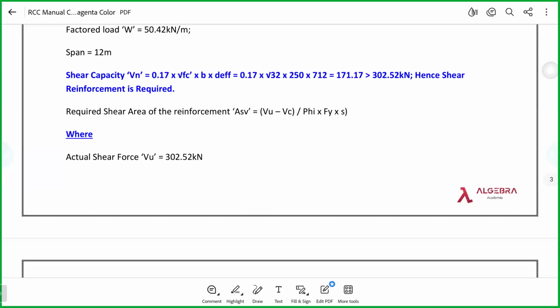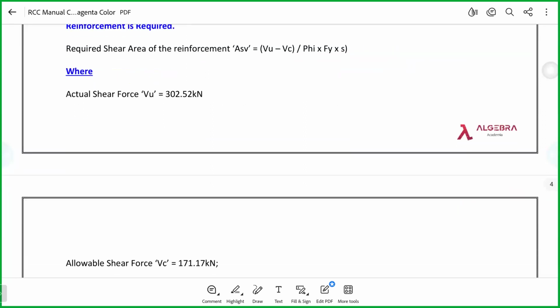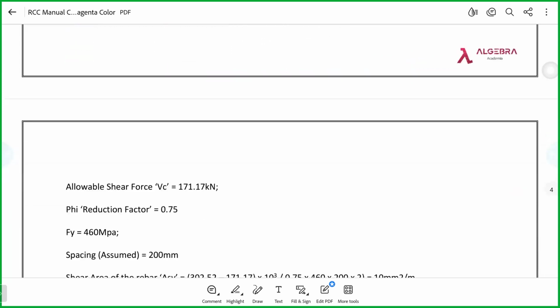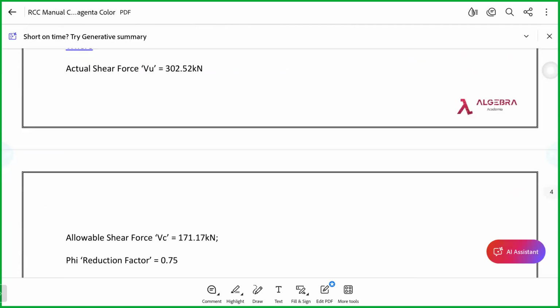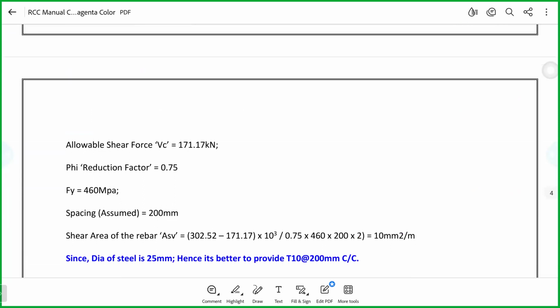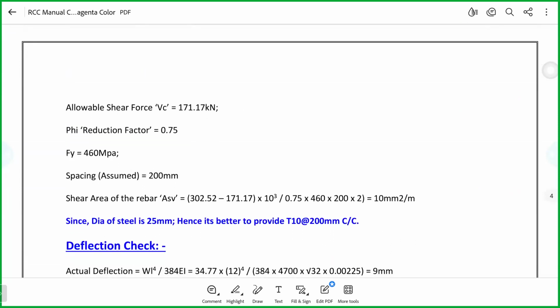Okay. So the ties equation is here, which is (Vu minus Vc) divided by φ, this is not pi, φ, which is the reduction factor, fy into S. The actual shear force is 302.52. Allowable shear is 171.5. Reduction factor is 0.75.